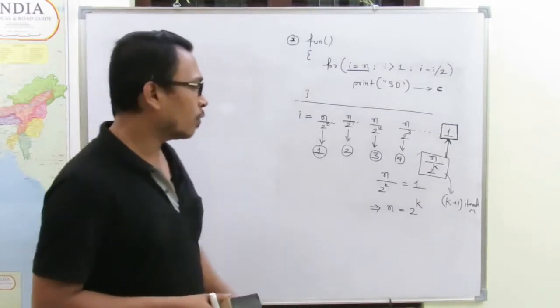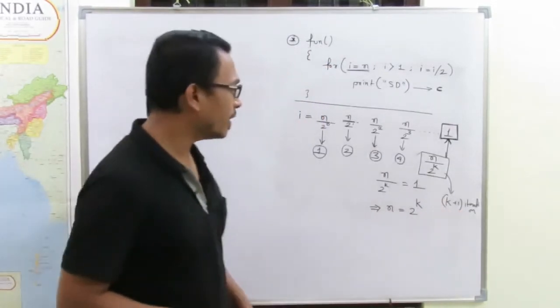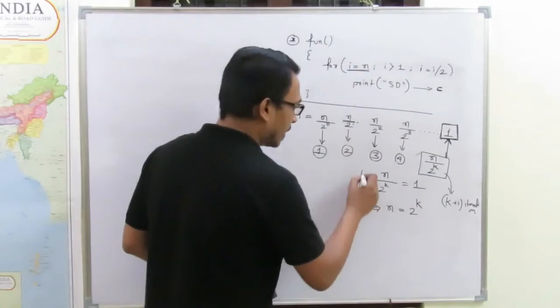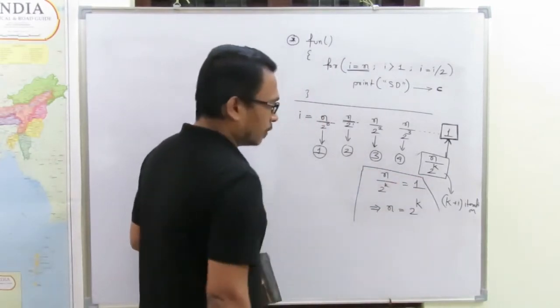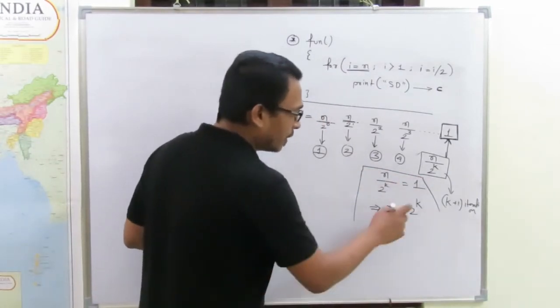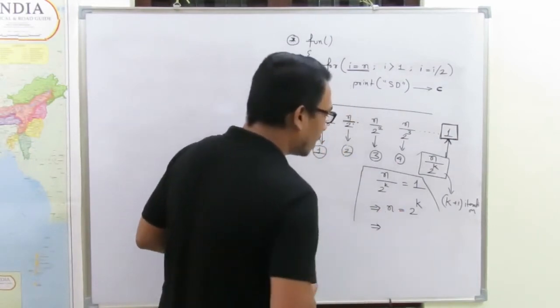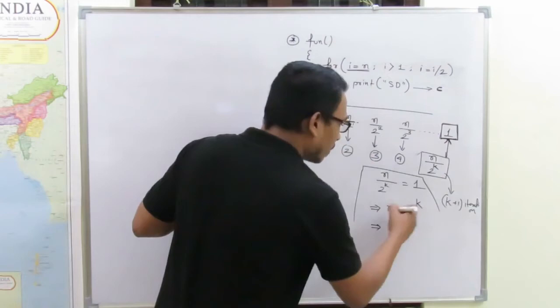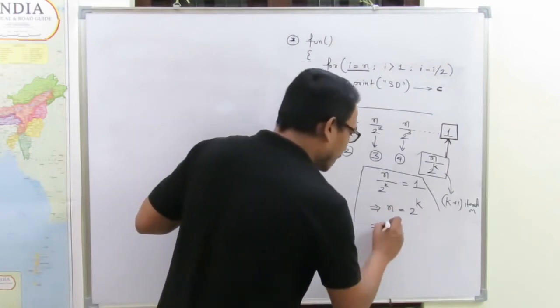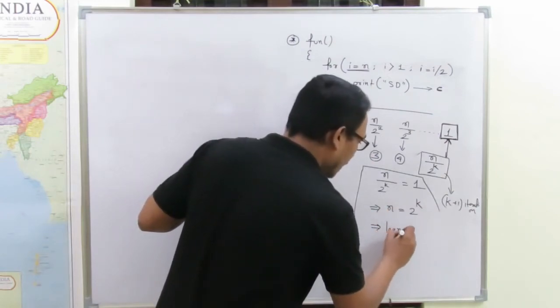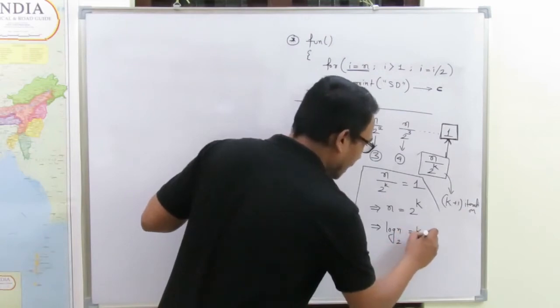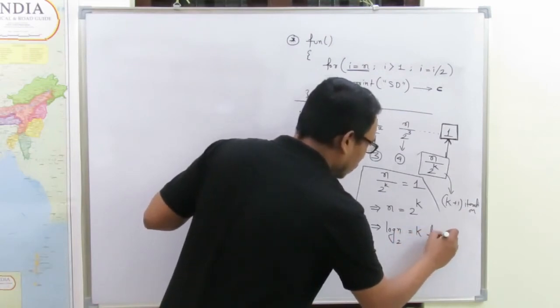Now, how to find the value of k? We can find it from this particular expression. We already saw one example related to this part: we take log base 2 on both sides. Then we get log n base 2, and here we get k log 2 base 2.